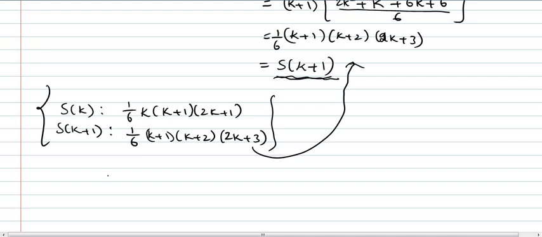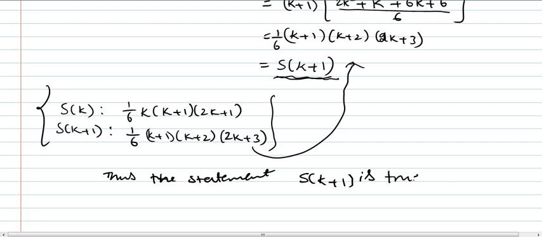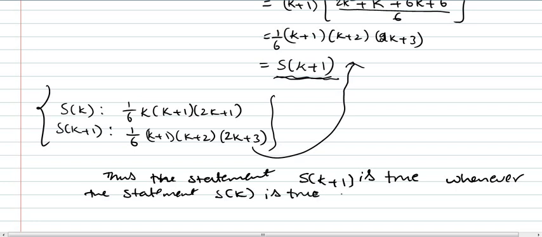Therefore we write the statement: thus the statement S of k plus 1 is true whenever the statement S of k is true for n greater than or equal to k, k greater than or equal to 1.